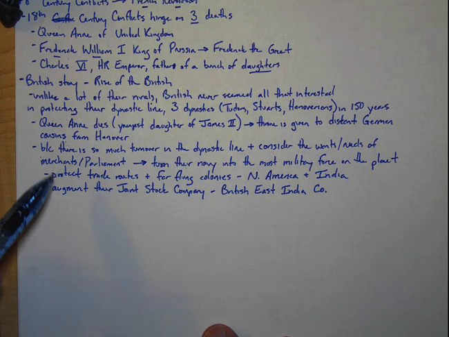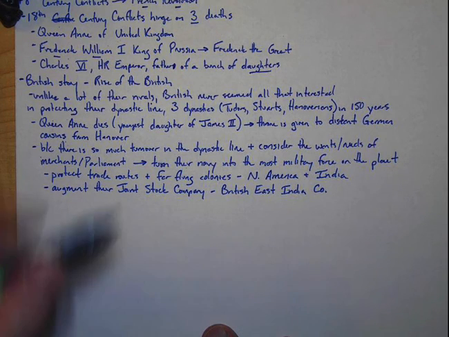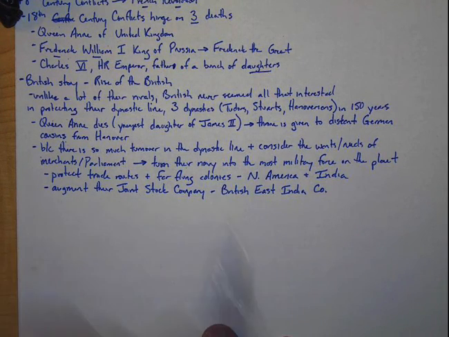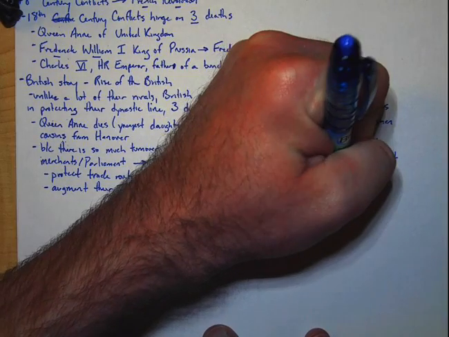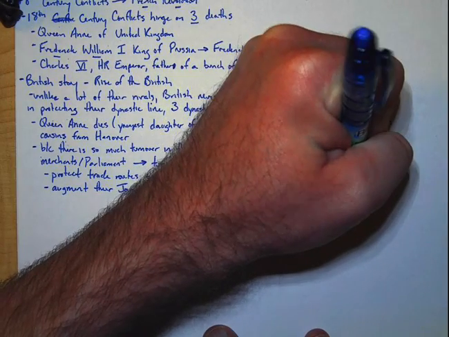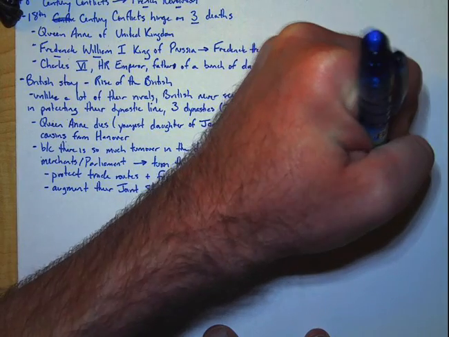So the fact that they're not really defending their dynastic line and protecting it like the other Europeans do, and they're funneling all their money into their navy, makes them super rich. These guys are now really, really rich.